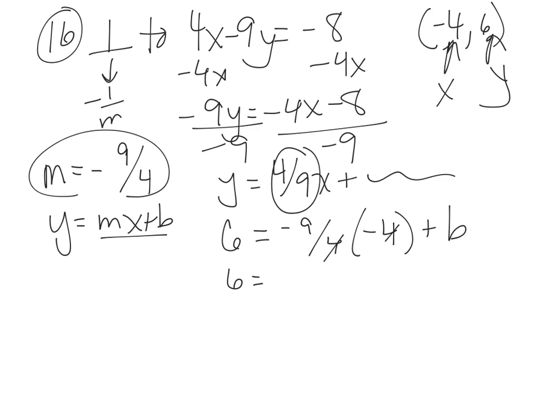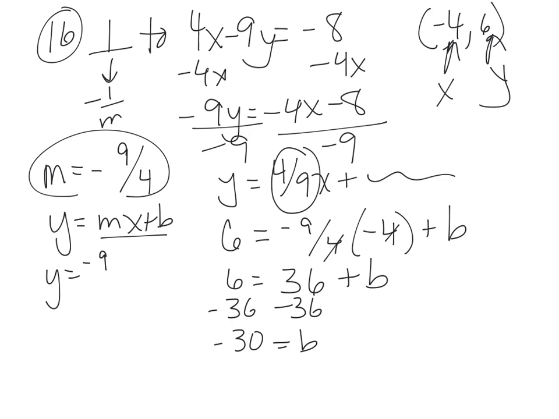Negative times negative is positive. 36 plus b, minus 36, minus 36. So 6 minus 36 is -30. What am I doing wrong? I'm getting the wrong answer here. That's my b. So that gives me y equals -9/4 x minus 30. But that's not right. What did I do wrong?